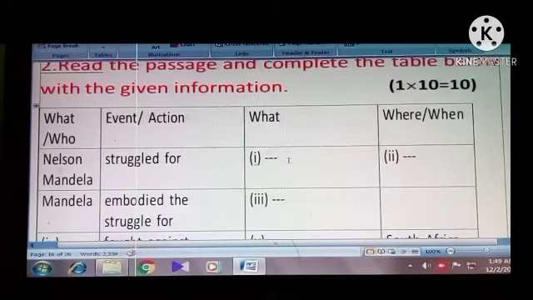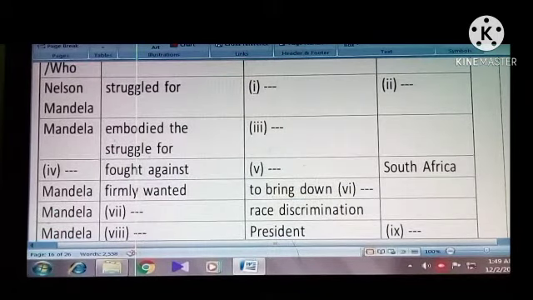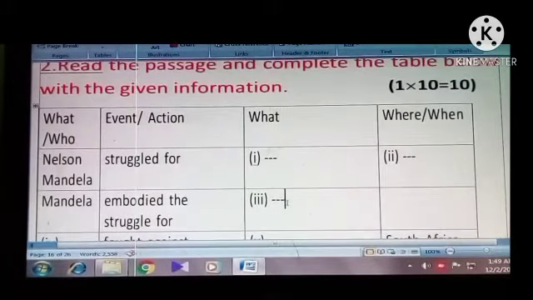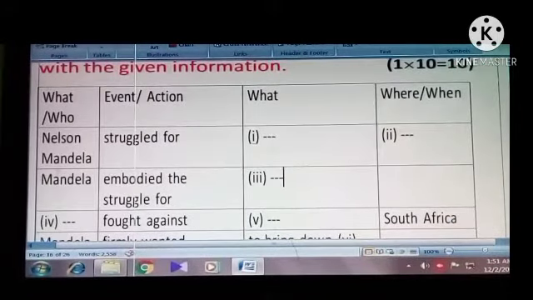In South Africa. You can write down only South Africa. Mandela embodied the struggle for number 3, struggle for what? Here the answer is justice. In our passage we got that Nelson Mandela embodied the struggle for justice.